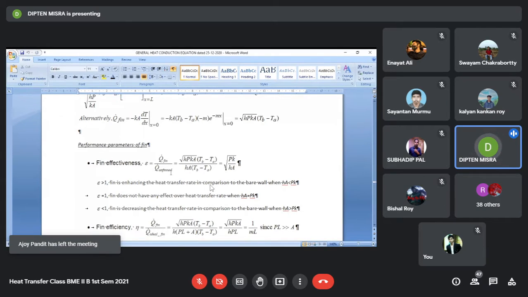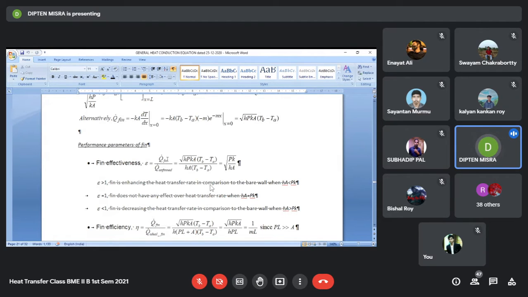Naturally, what we expect is that if we use a fin, the heat transfer rate from the fin should be greater than if there were no fin. In presence of the fin, we expect that the heat transfer will be more.